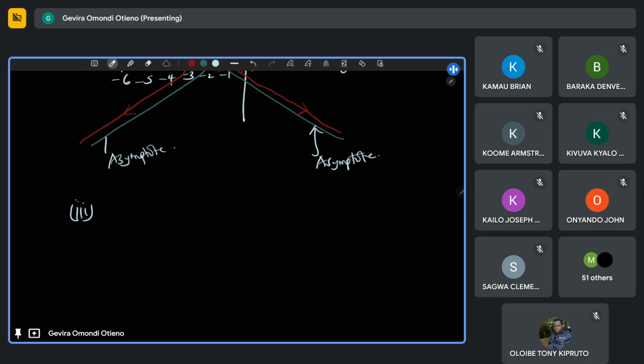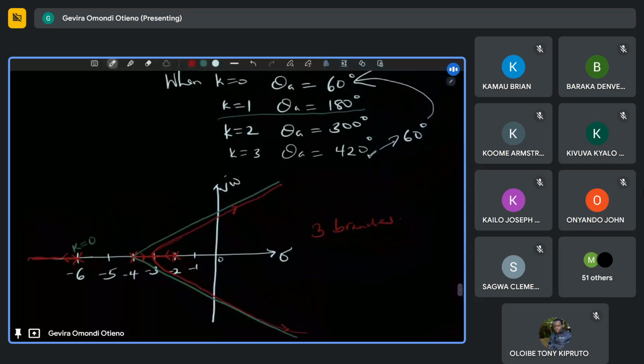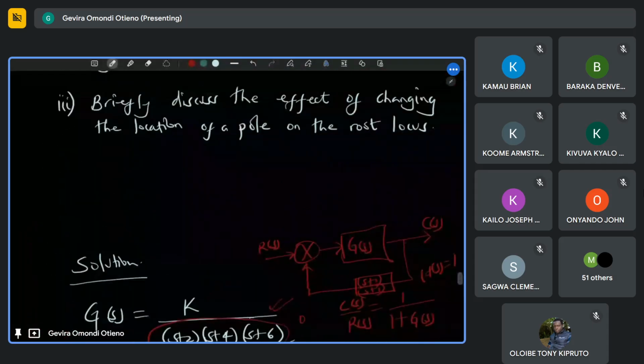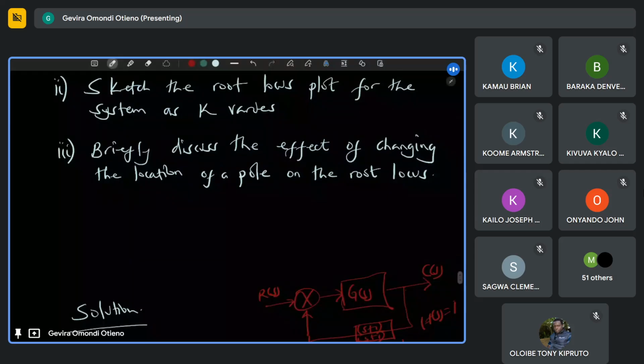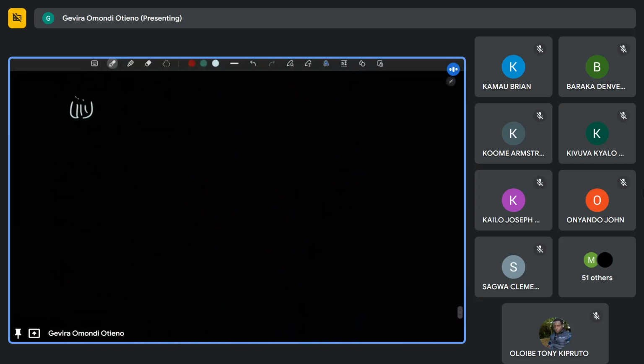Because the effects that poles have on the root locus are so many, you discuss the effects. You just don't mention, you discuss the effect of changing the location. So I can subdivide this into categories. The one obvious one that we all know and have covered before is stability. That is one effect.